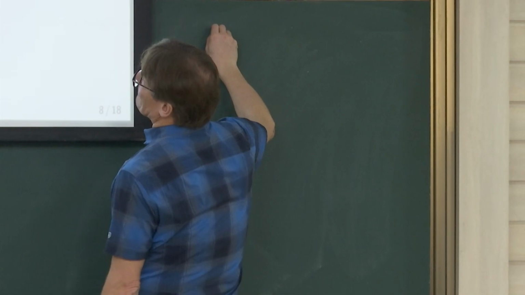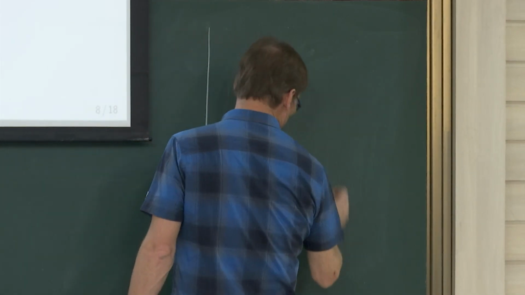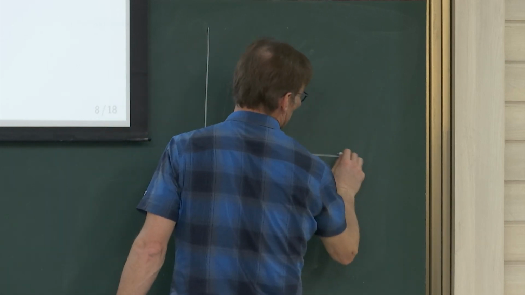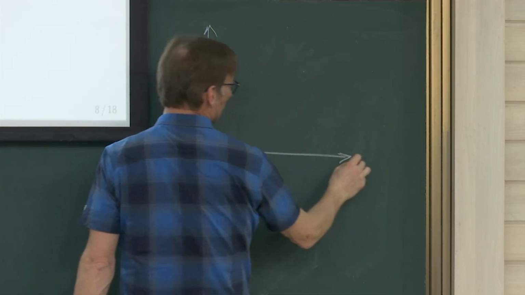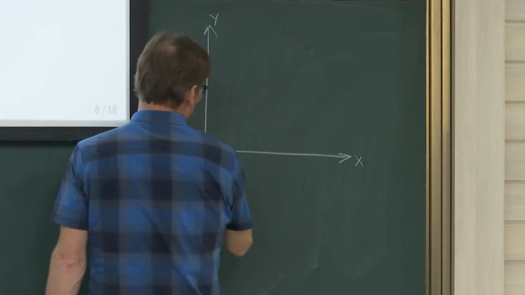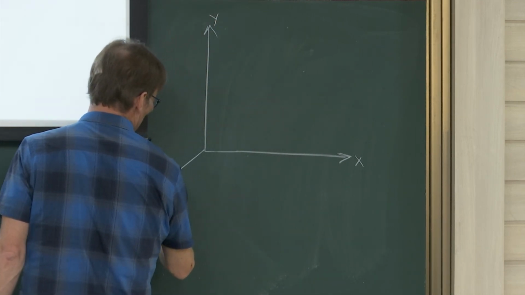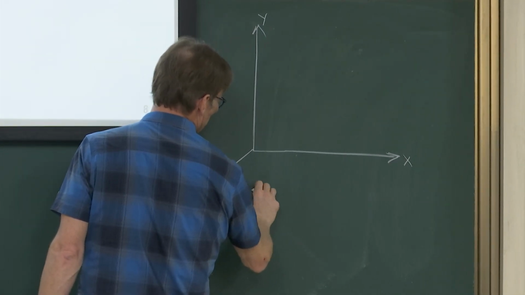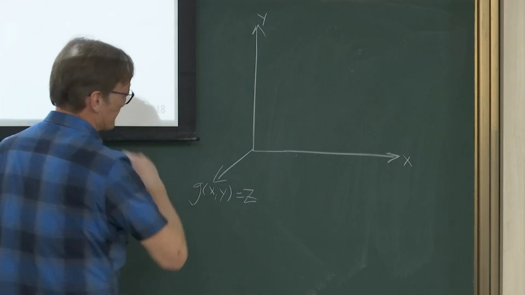in what I'm going to do now is, and I'll just draw this here, and then you can ignore the slides. So just pay attention to this. So now I have 2 variables, x and y, and I have a function g of x and y that I'm going to note as z that comes out of the board.